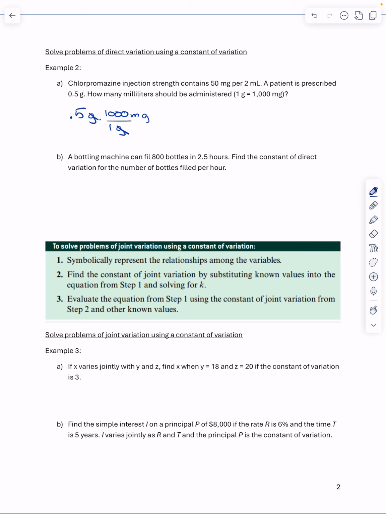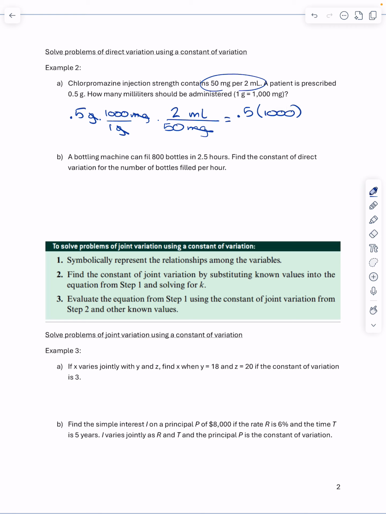And we know that this is 50 milligrams per 2 milliliters. 50 milligrams, so my milligrams cancel, per 2 milliliters. 0.5, and I'm going to write this out, times 1,000.